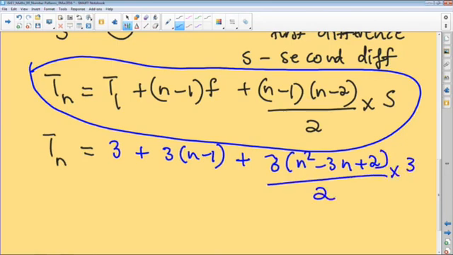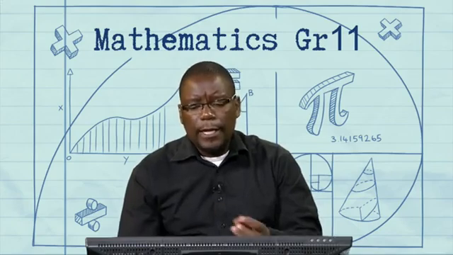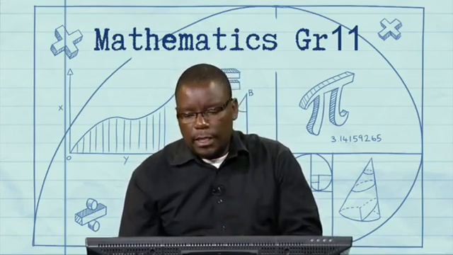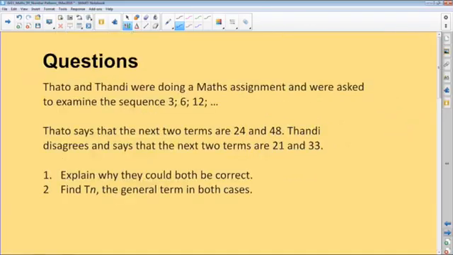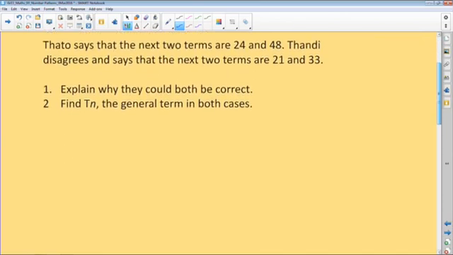But this one is not a very good example because your term 1 is 3 anyway, your first term of the first difference is 3, and your second difference is 3 as well.